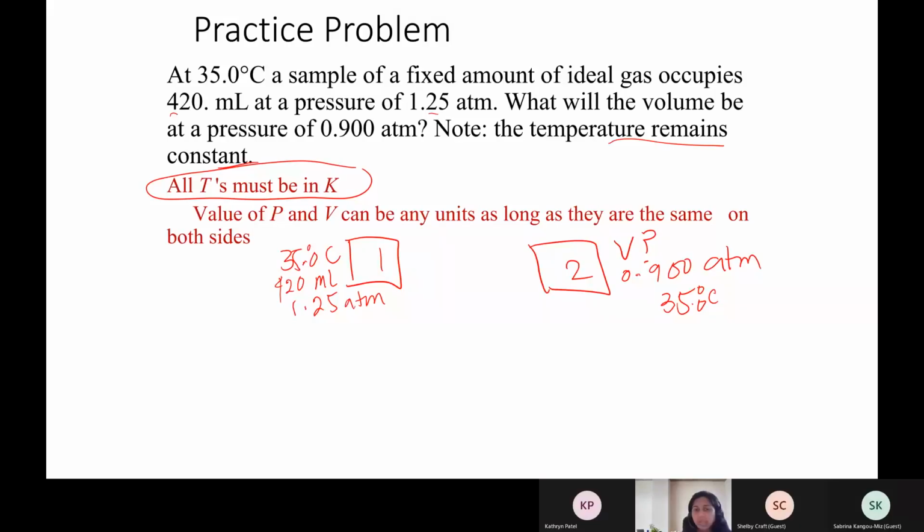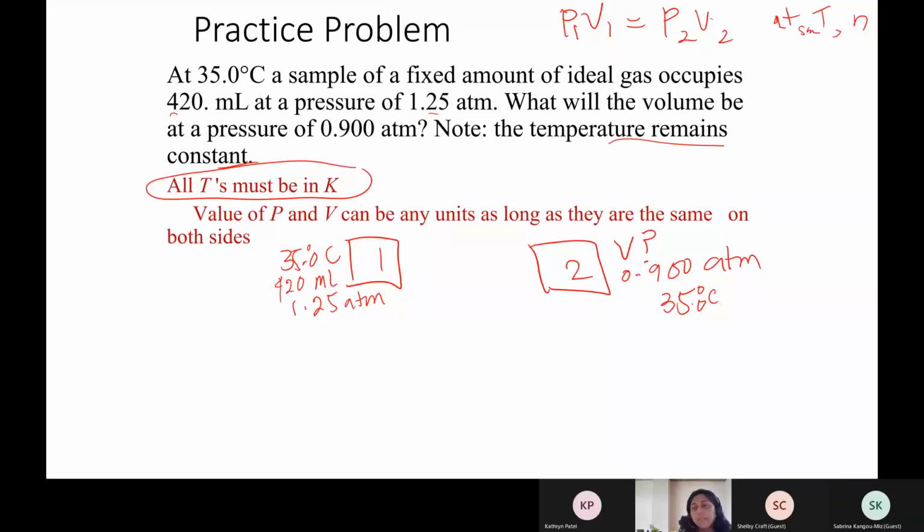So you can use either the combined gas law equation or the Boyle's law equation. Boyle's law equation, what do you get? P1 V1 equals P2 V2. So this is at the same temperature and the same amount.